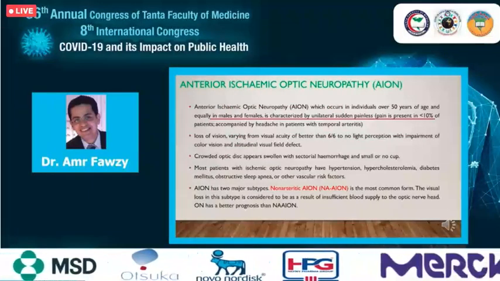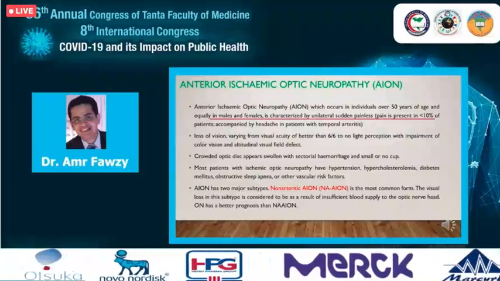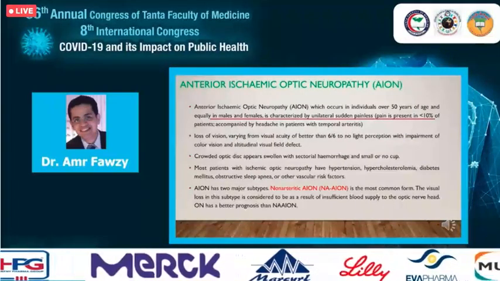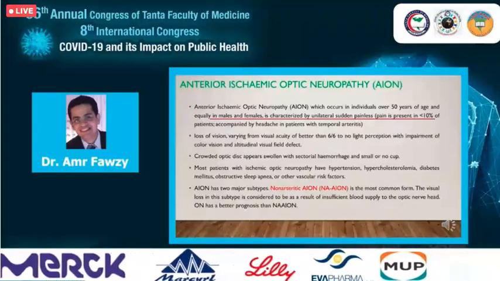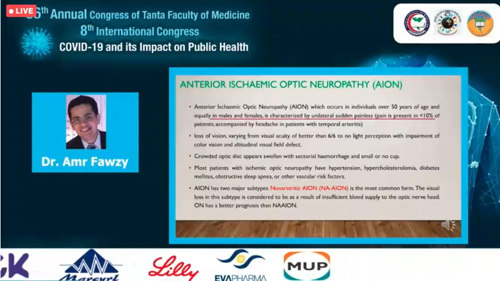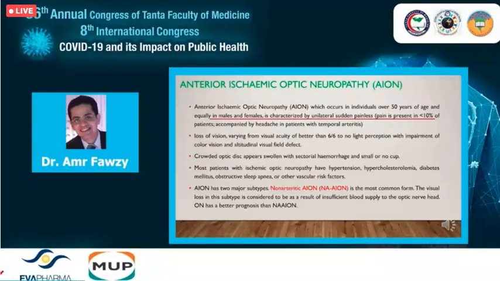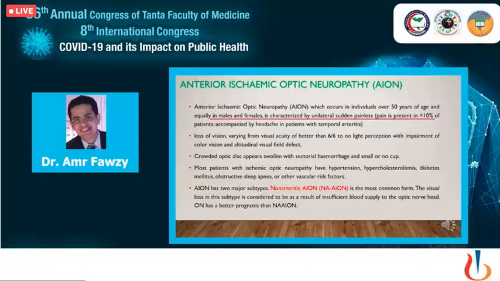The anterior ischemic optic neuropathy, which occurs in individuals over 50 years of age and equally in males and females, is characterized by unilateral, sudden, painless drop of vision.